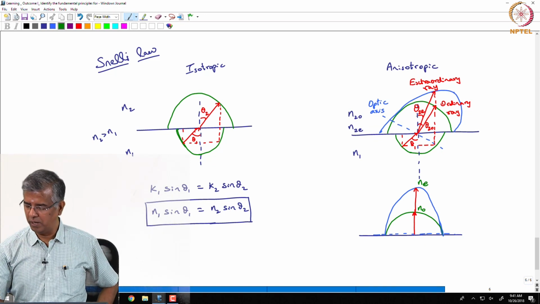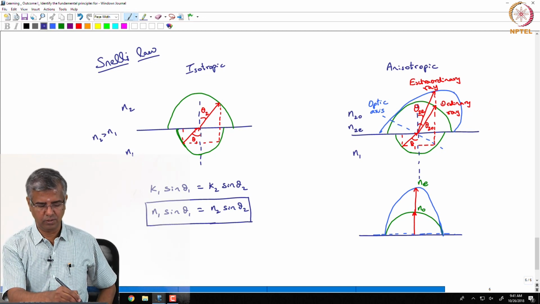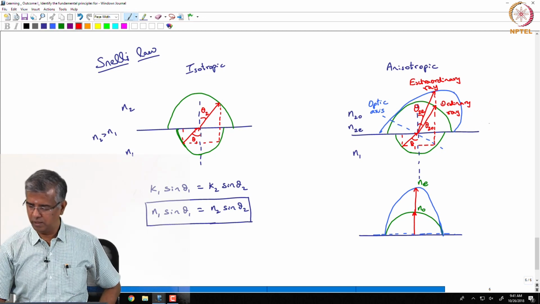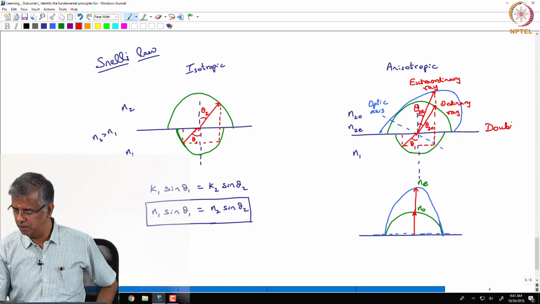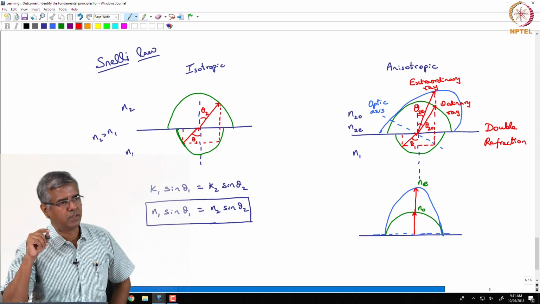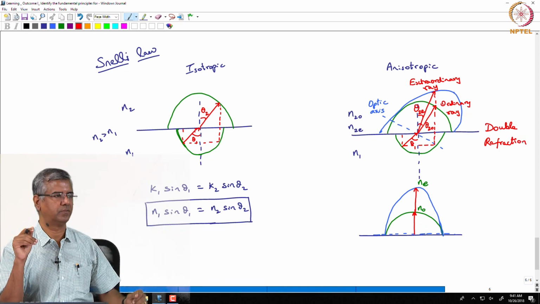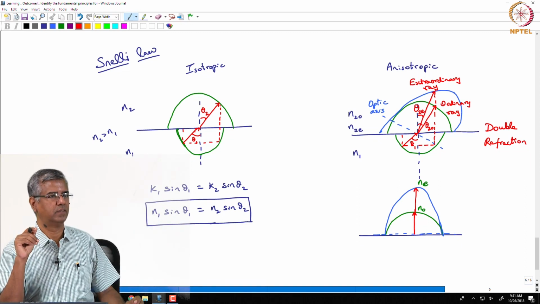In this case, if you cut it at an angle with respect to the optic axis, you have a phenomenon called double refraction, meaning you come in with one wave, but you go out with two waves, right.